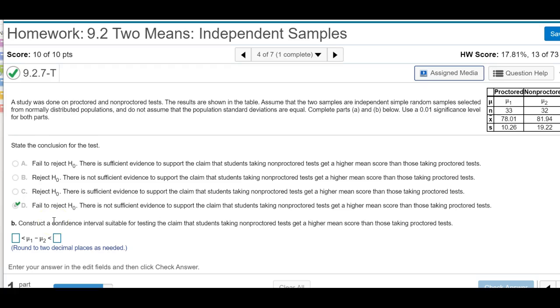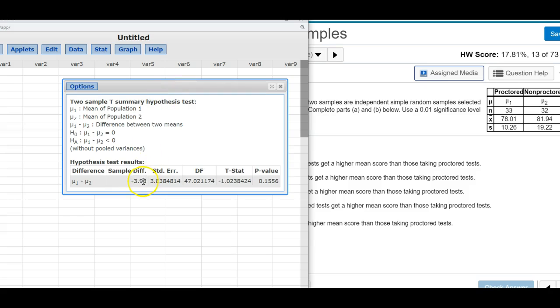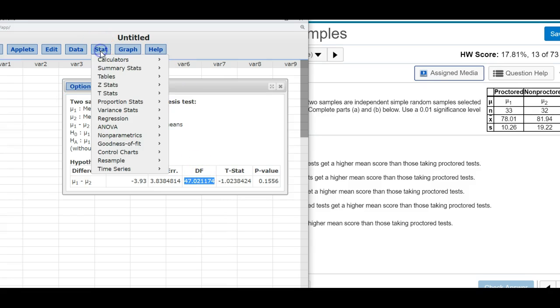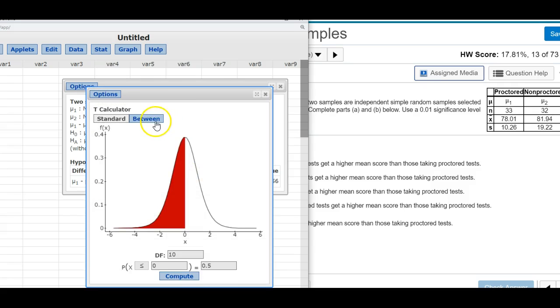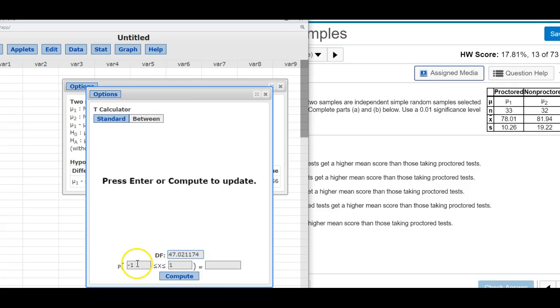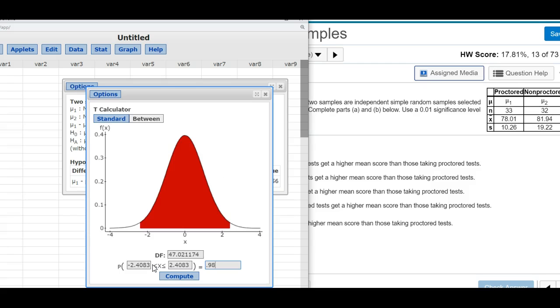Now the next part is the confidence interval. Here we look at the difference in the means plus or minus the standard error times our critical value for this test. Going to the T calculator with the DF given, I'm looking for the critical value for T that corresponds to a 98% confidence interval.